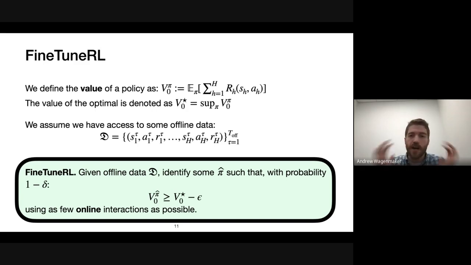Wherever we got it from is not the question we're interested in here. We can use these samples in any way we want, and it doesn't cost us anything to use them. What we're really interested in is minimizing the number of online samples. We want to collect as few online samples as possible in order to find an epsilon optimal policy.